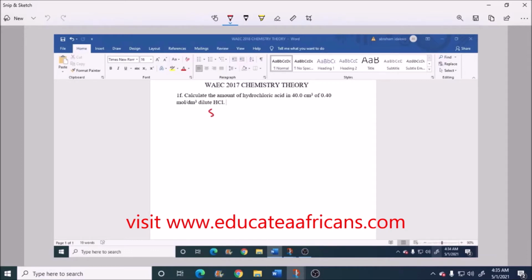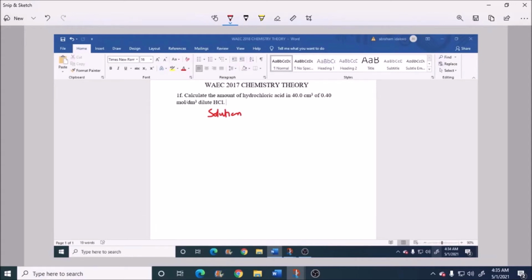So we have amount of HCl in 4.0 centimeter cube of 0.40 mole per dm cube of dilute HCl.